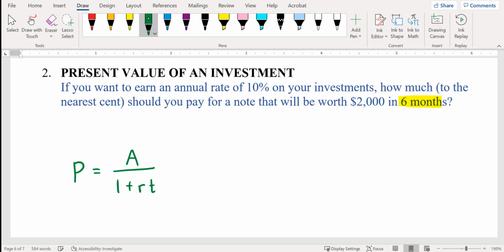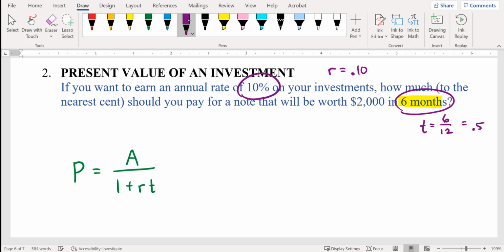All right. So what do we have? 10% interest, so R is going to be 0.10. 6 months, so 6 out of 12 is 0.5 years. That will be worth 2,000, so the future value is going to be 2,000.